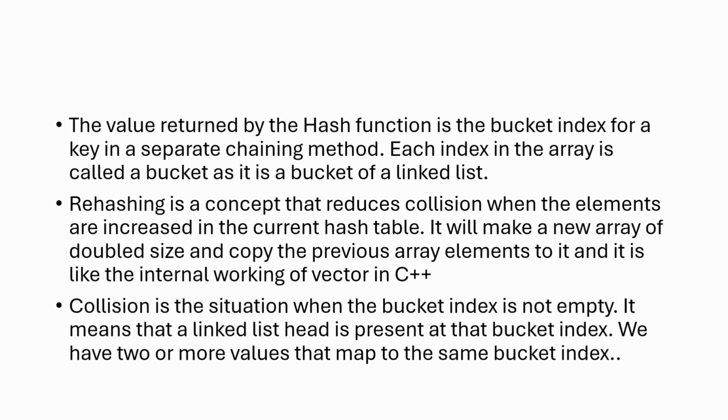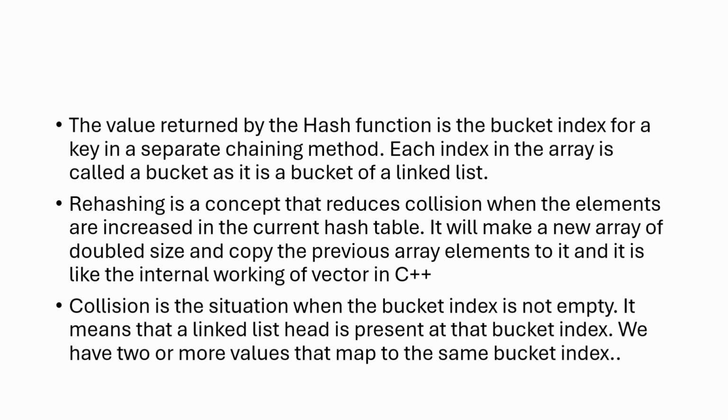Let's mention something about collision first. Collision is a situation when the bucket index is not empty. It means that a linked list head is present at the bucket index, and we have two or more values that map to the same bucket index. So then you have to do rehashing to reduce this collision. When you do that, it'll make a new array of double size and copy the previous array elements to it.